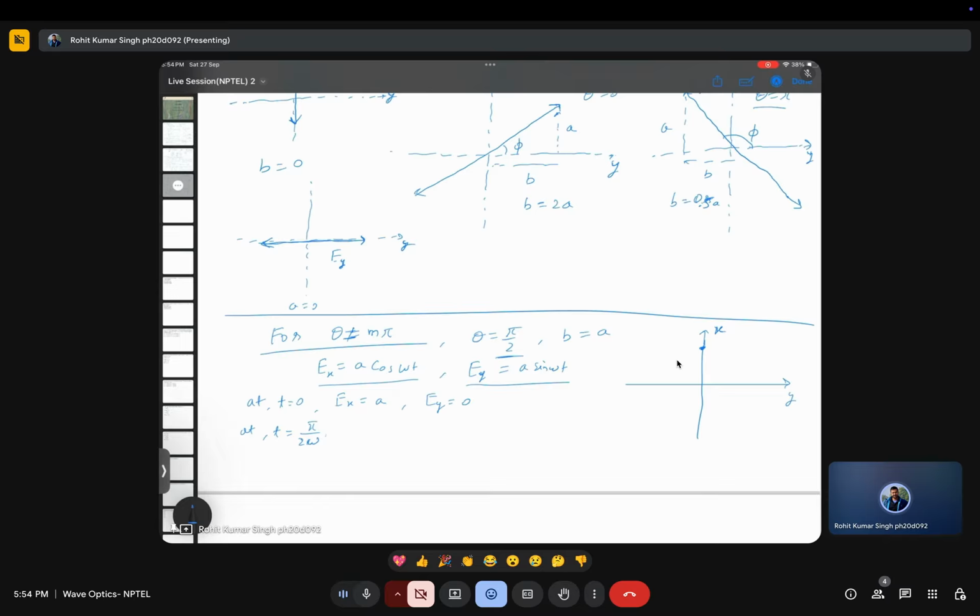At t equal to pi by 2 omega, Ex will be cos pi by 2, which is 0. Sorry, I mistakenly said it will be minus A, but it's pi by 2, so cos pi by 2 is 0.